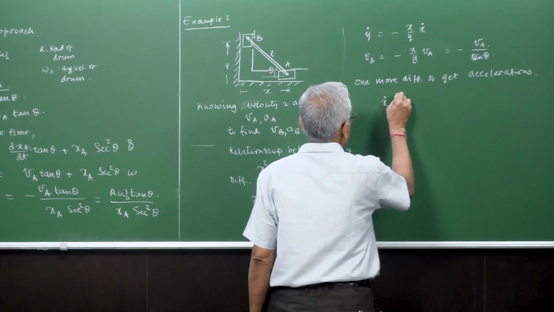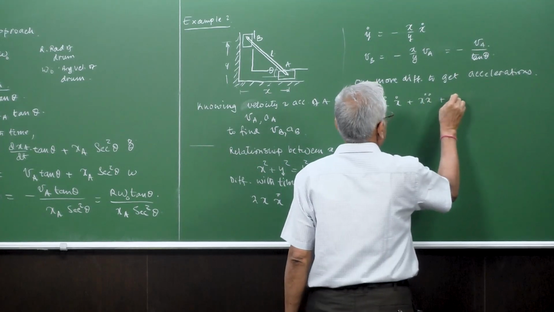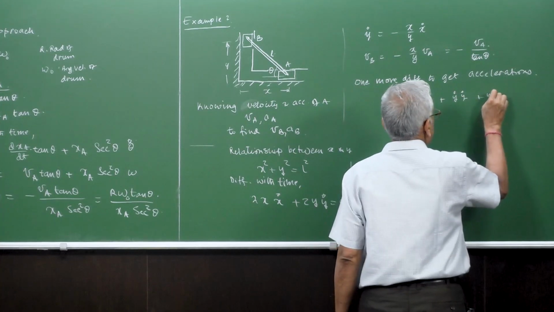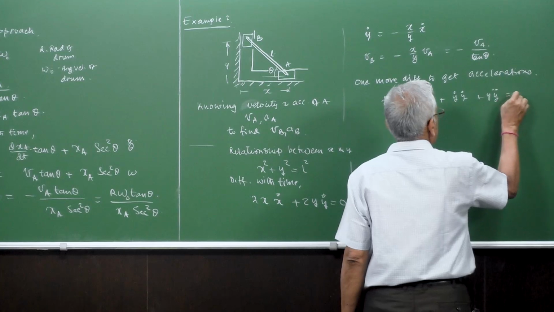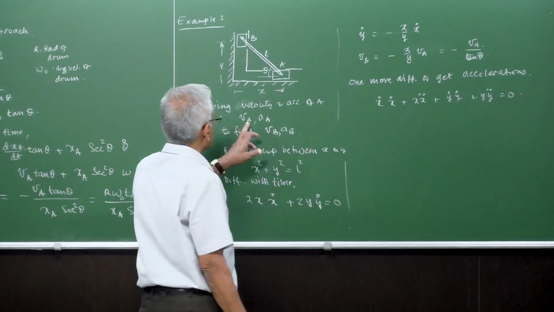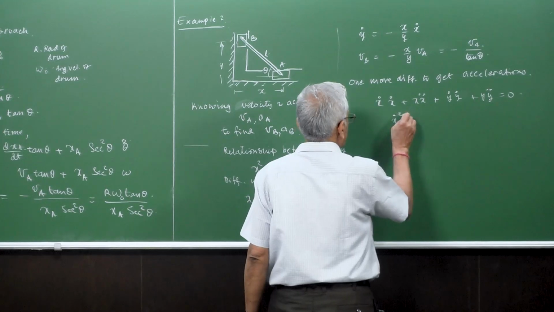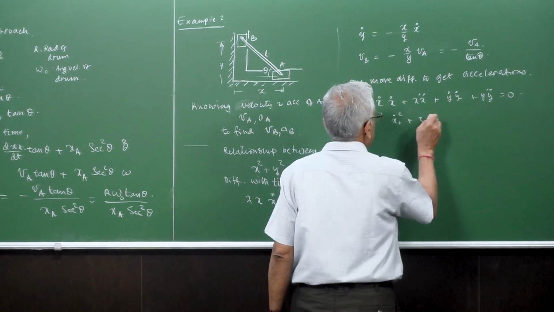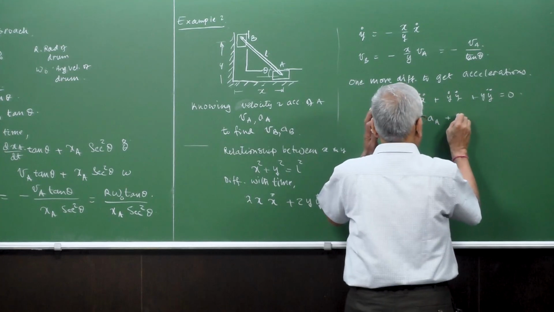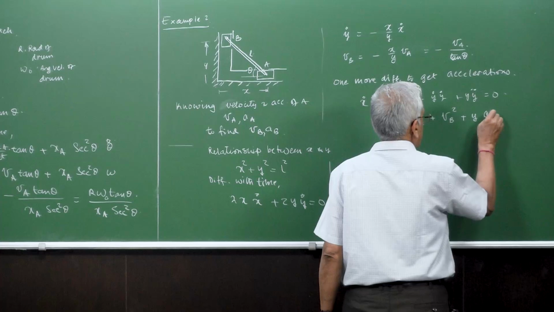So it's x dot squared plus x x double dot, plus y dot squared plus y y double dot. Given the accelerations of A, this is x dot squared, let's simplify that, and x times acceleration of A, and this is y dot squared, so VB squared, and y times acceleration of B.